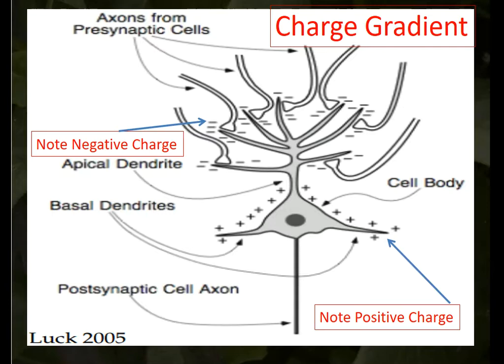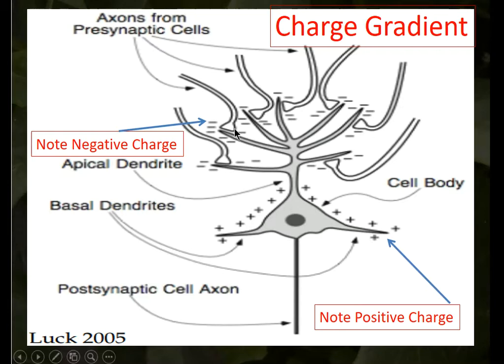As you can see from this slide, we have a typical pyramidal neuron with a soma or cell body. We have axons extending out from the cell body and dendrites, both the apical dendrites and the basal dendrites.